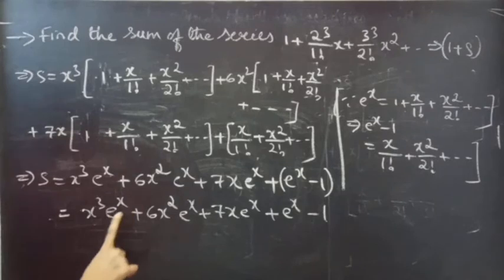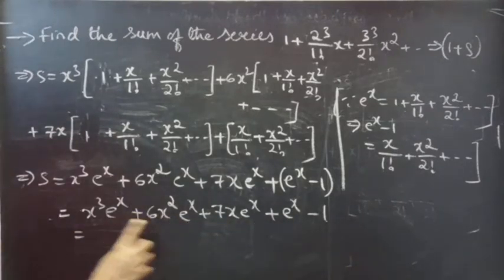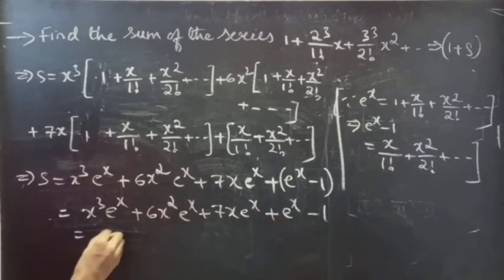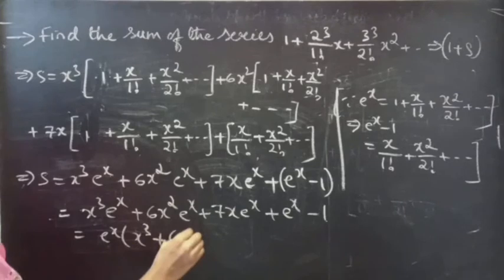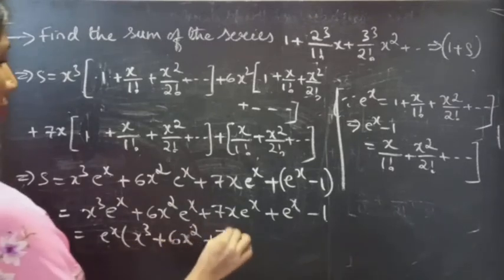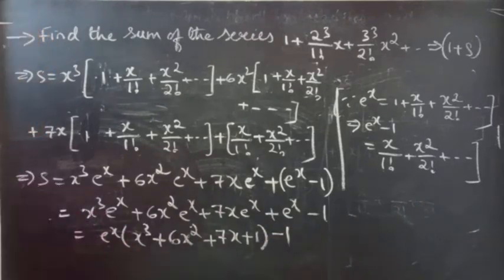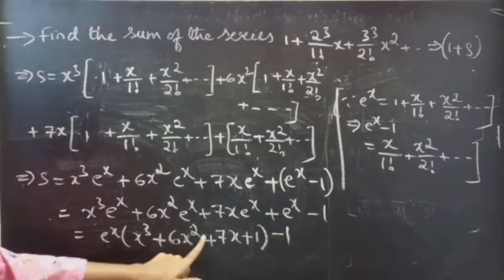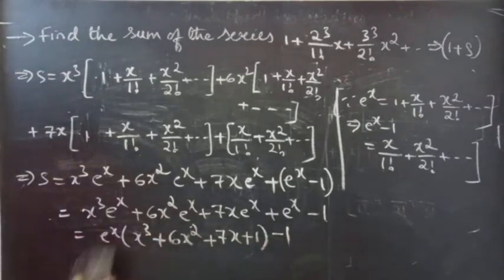You're having e power x in 4 terms, right? So take e power x common from these 4 terms, then you'll get e power x into x cube plus 6x square plus 7x plus 1, and the last term as it is. So we have s equals e power x into x cube plus 6x square plus 7x plus 1, minus 1.